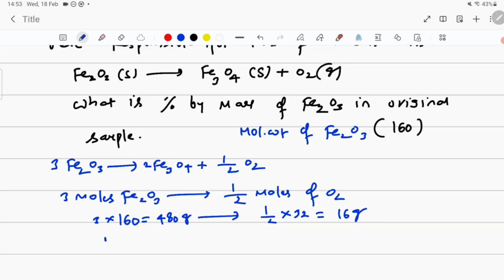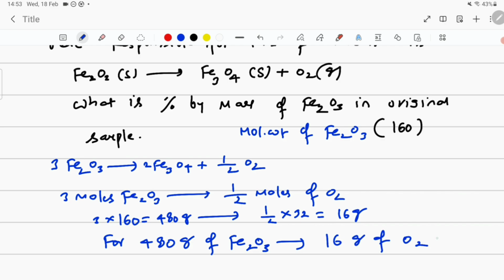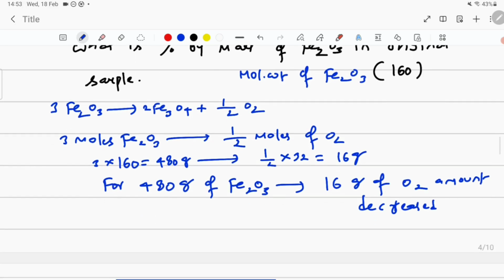So for 480 grams of Fe2O3, 16 grams of O2 amount decreased, or you can say loss in mass.